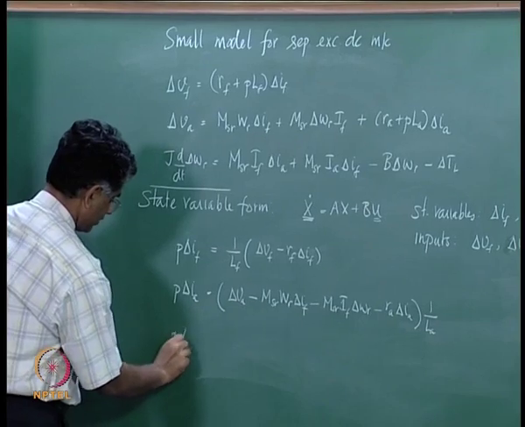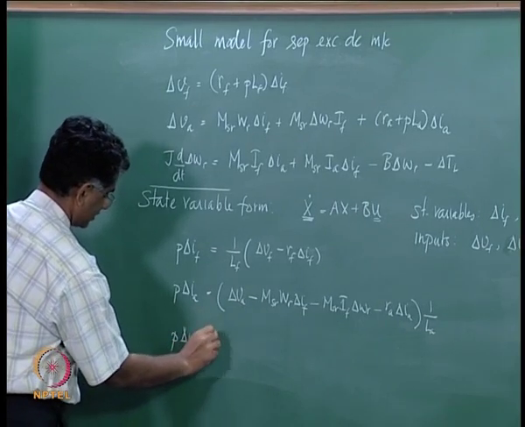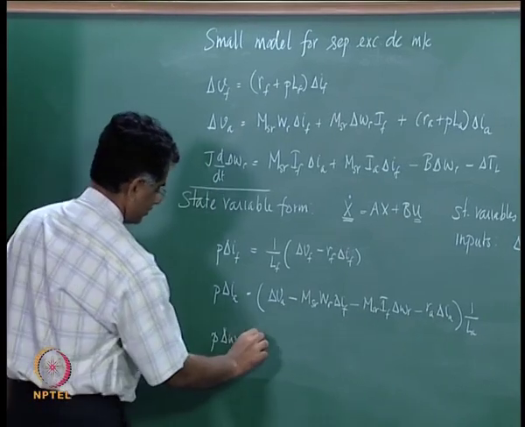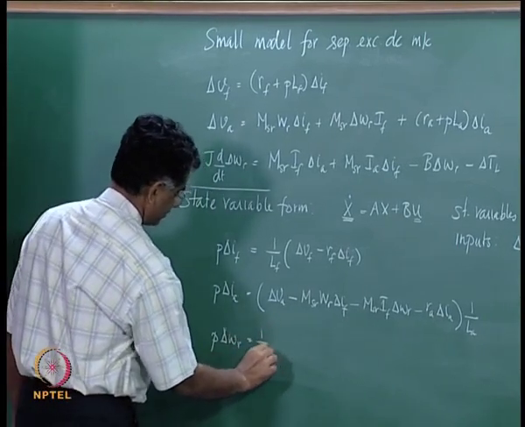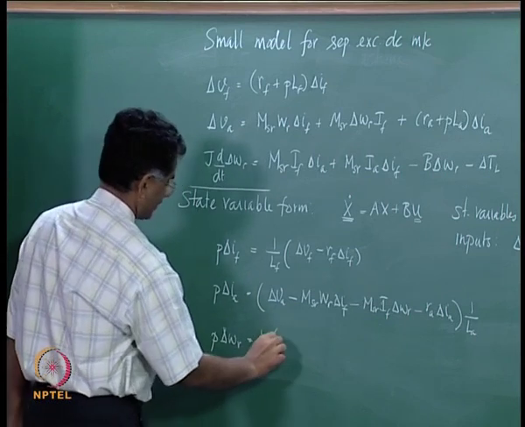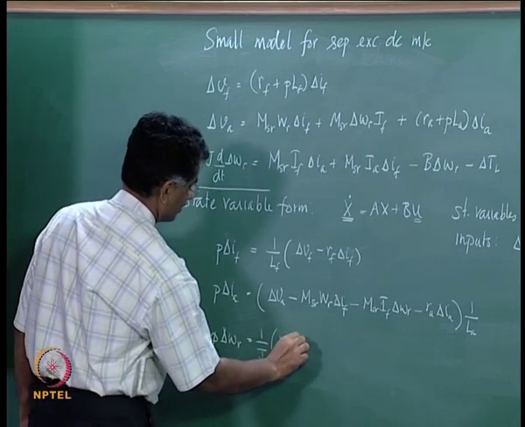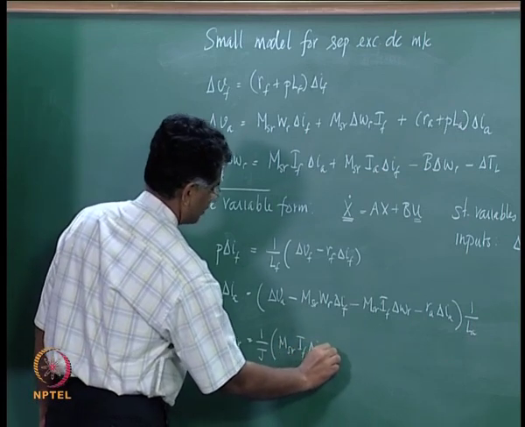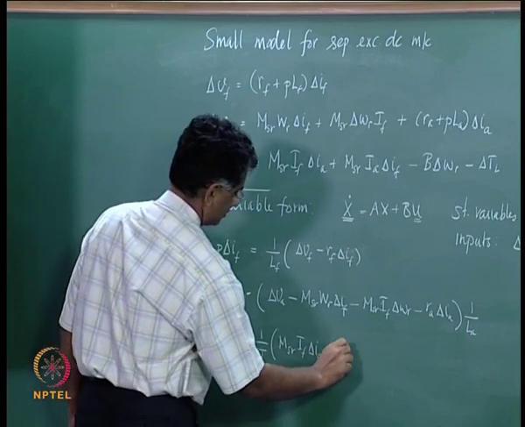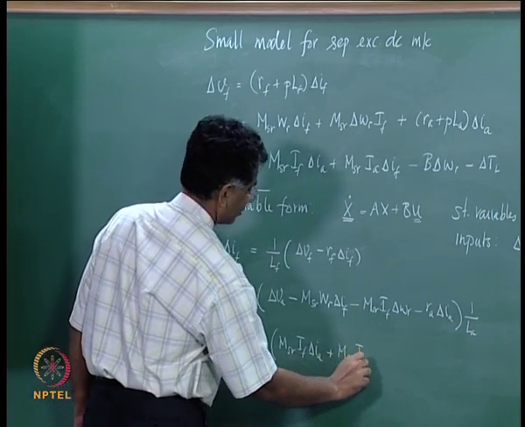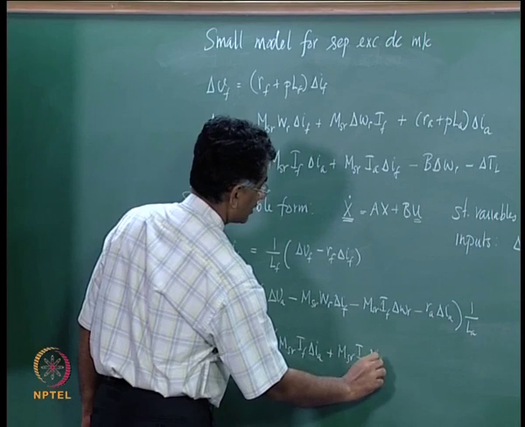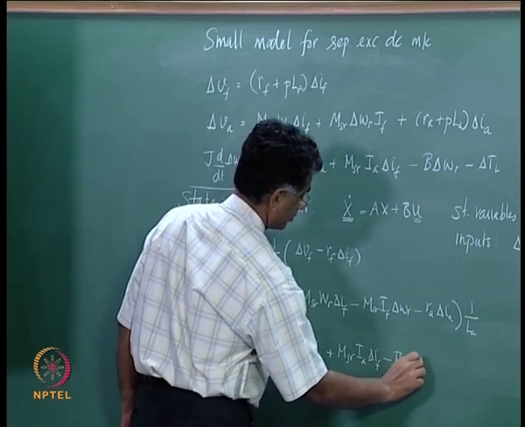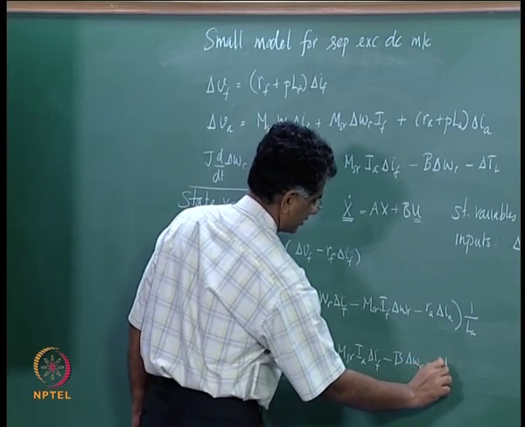Then you have P delta omega r, which is already of that form. We just have to divide the equation by J, and so you have MSR into If into delta Ia plus MSR into Ia delta If minus B times delta omega r minus delta TL.